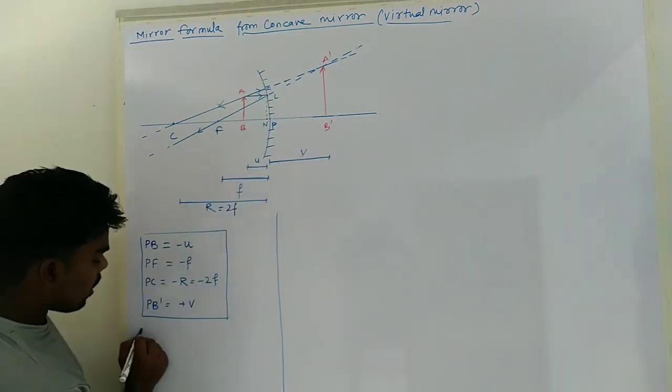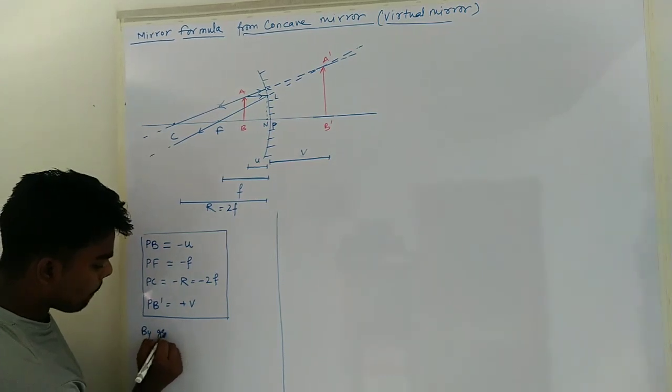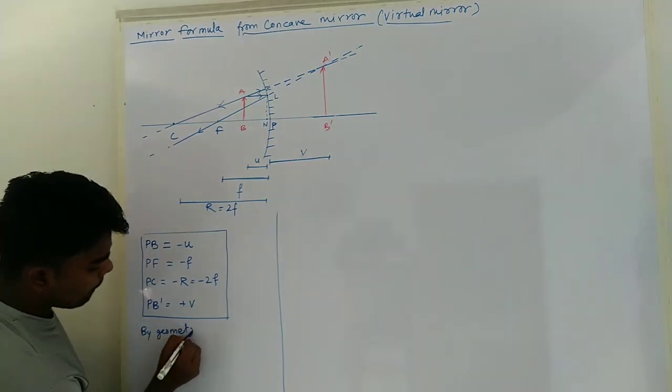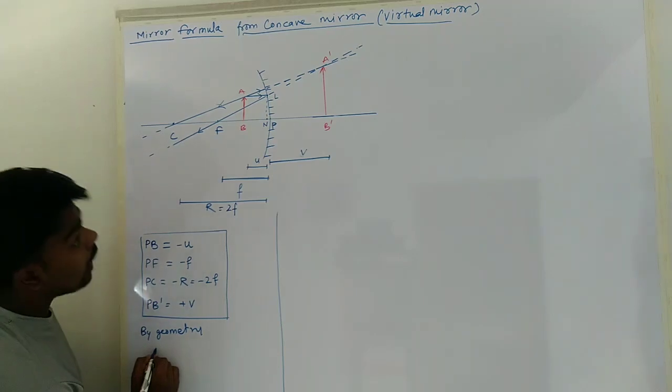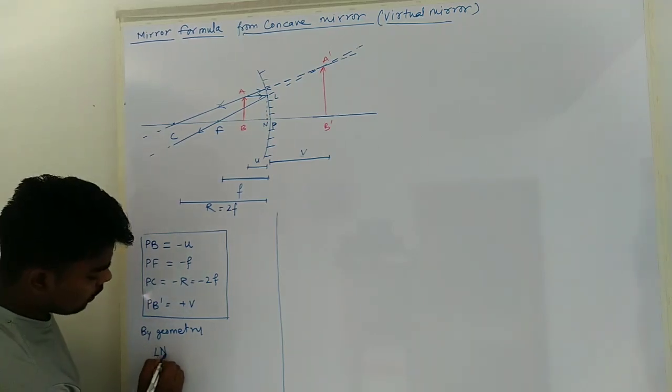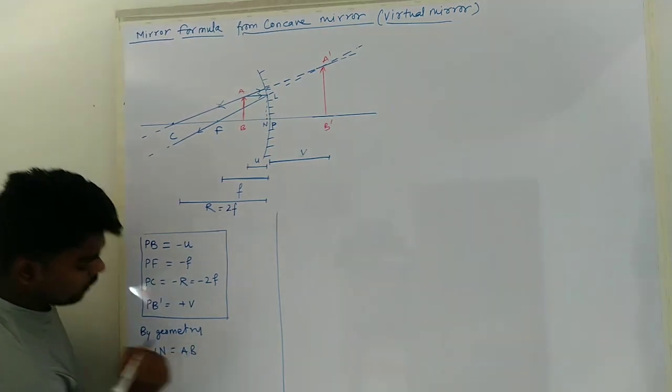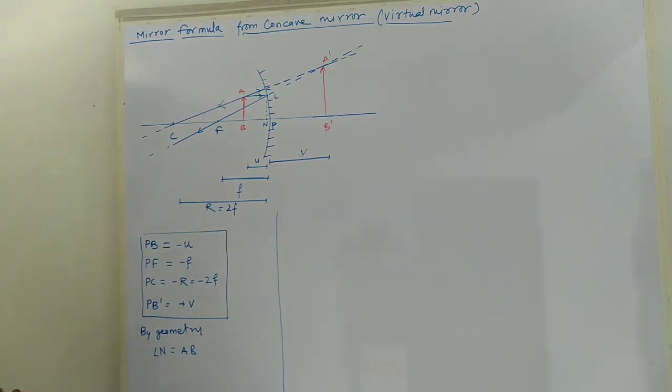So by geometry we can write LN is equal to AB. This is the relation. Now we will take two triangles. Which two triangles are we going to take?